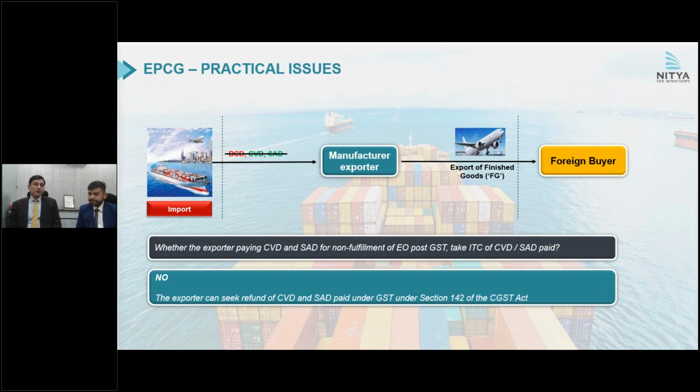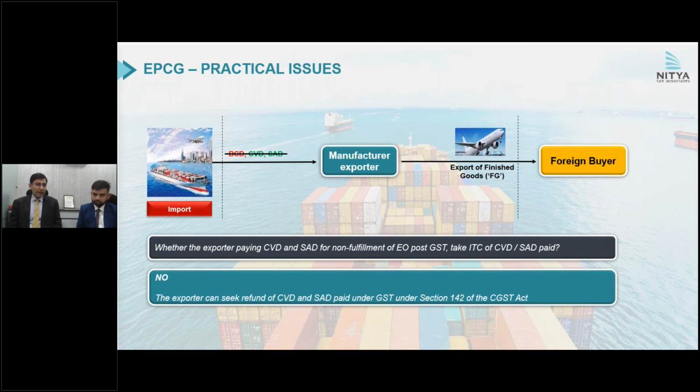So this is a very transitional issue which is coming up for advance authorizations and EPCG, because earlier, if you were not able to fulfill your export obligation, apart from BCD, you used to pay CVD and SAT, and it was available as credit. Now, because the regime has changed, the GST regime no longer allows credit of CVD and SAT.